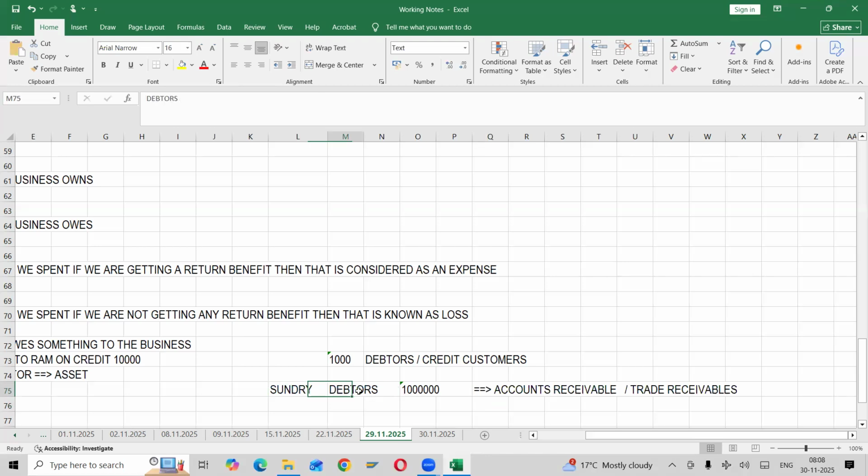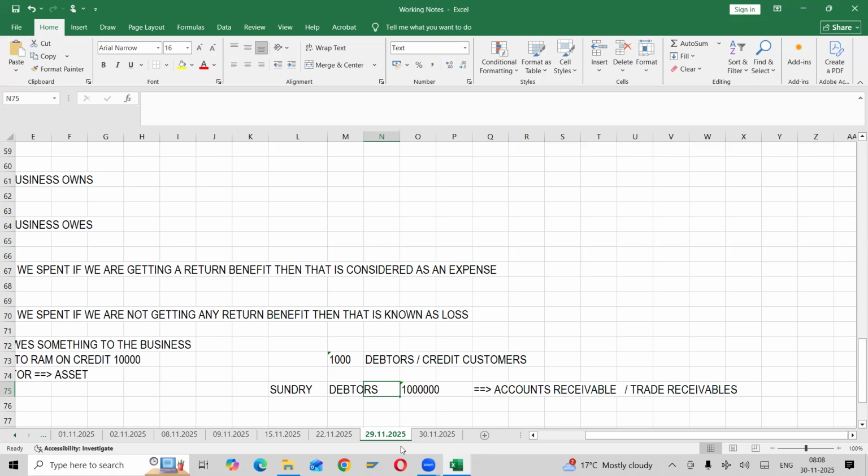Now try to understand what you mean by debtor and sundry debtor. A debtor is an asset to the business because it is something which we need to receive. So in SAP terminology, we call it accounts receivable or trade receivables. Clear? Now we are no more calling it sundry in SAP.